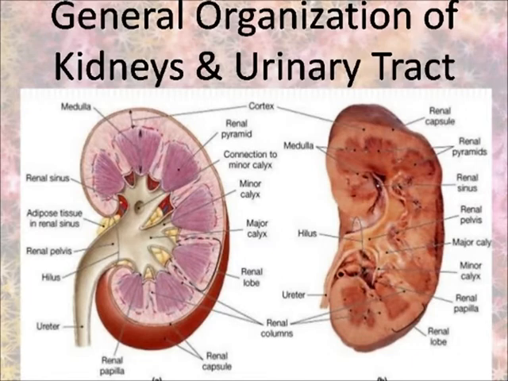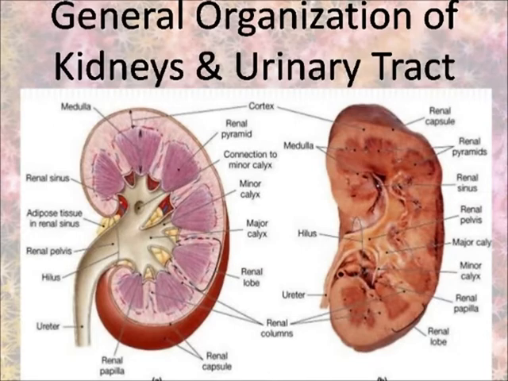The kidney is surrounded by a tough fibrous capsule that protects its delicate inner structures. If the kidney is sectioned, two regions are seen: an outer part, called the cortex, and an inner part, called the medulla.